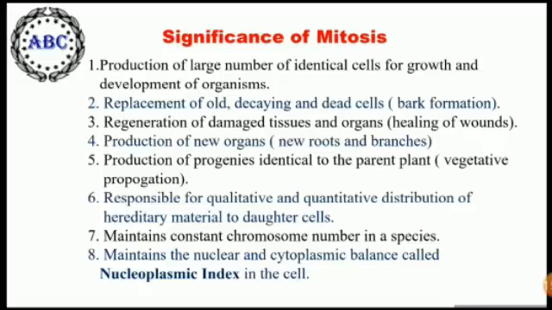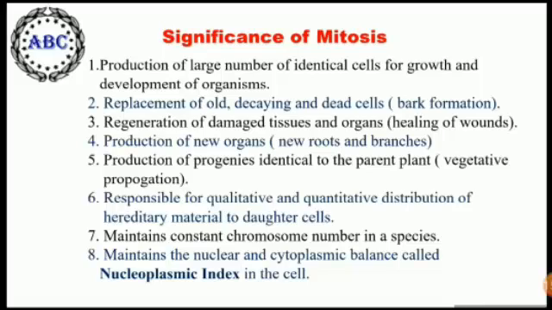Regeneration of damaged tissues and organs, that is healing of wounds, takes place due to mitosis. Production of new organs, that is new roots and new branches, takes place due to mitosis.